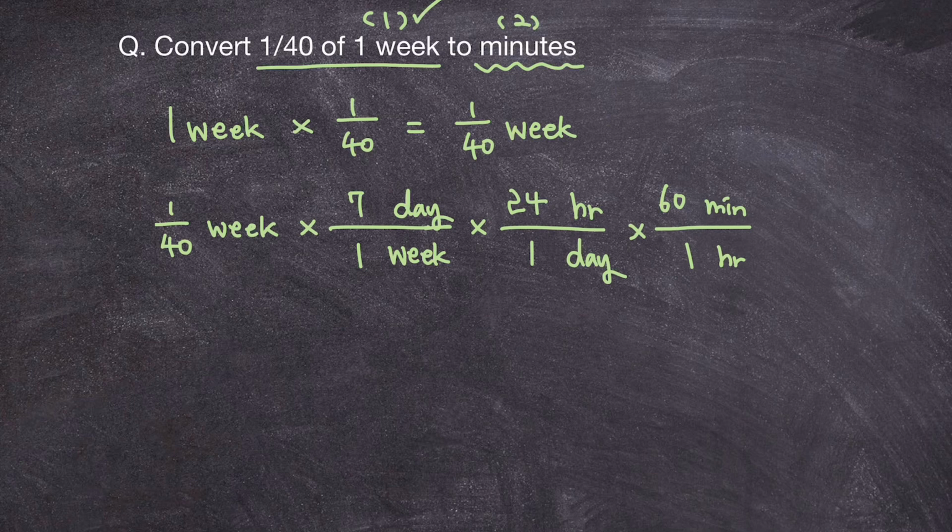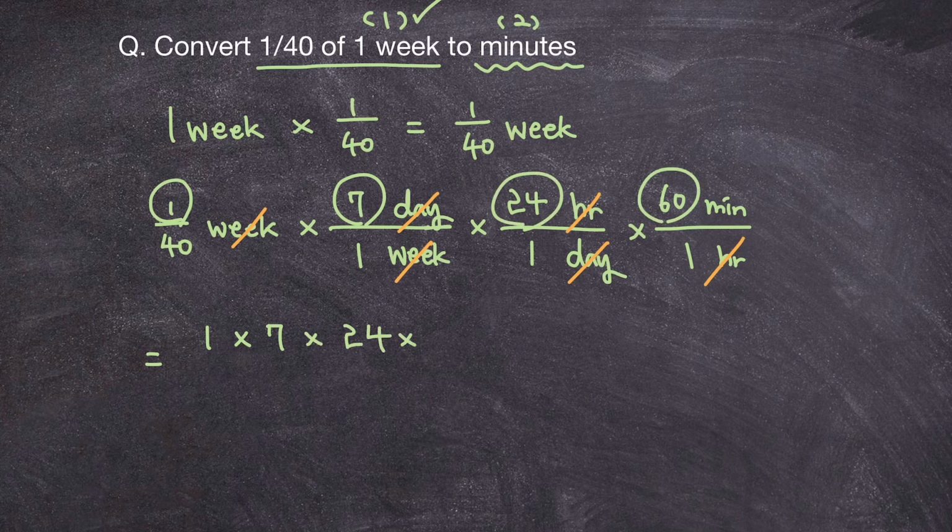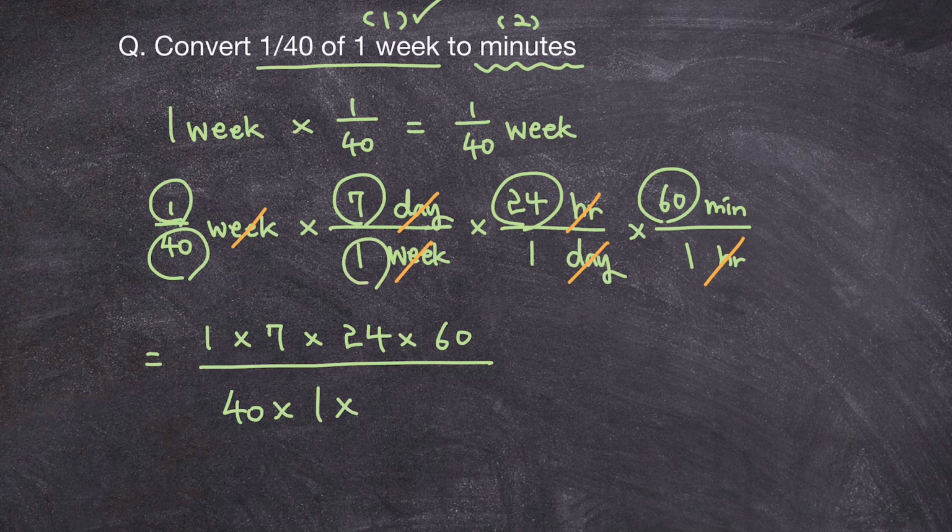Fair enough. Let's do elimination of units. I eliminated these 3 units successfully, and all I have left is 1 times 7 times 24 times 60, and in the denominator I have 40, 1, 1, and 1, and our unit will be minutes.